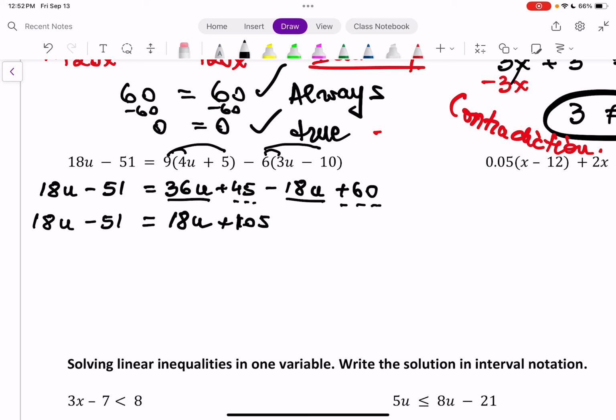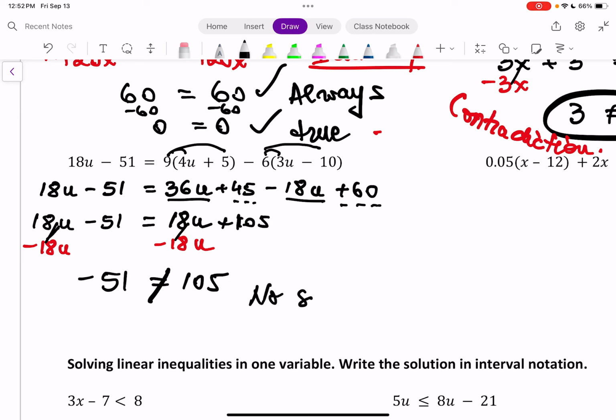So there you see it again. You have the same amount of your variable on the left side as you have on the right side. So the variables are gone out of the equation. They've crossed out. And negative 51 is never going to equal 105.